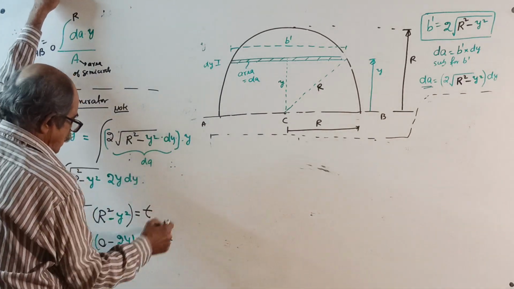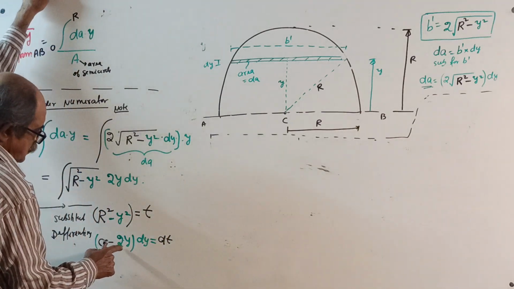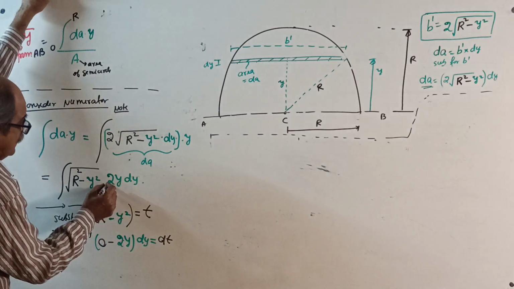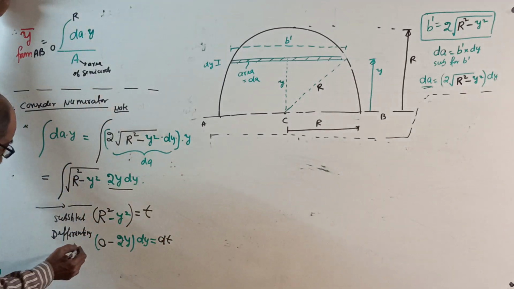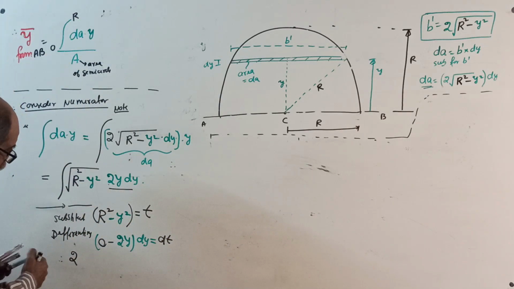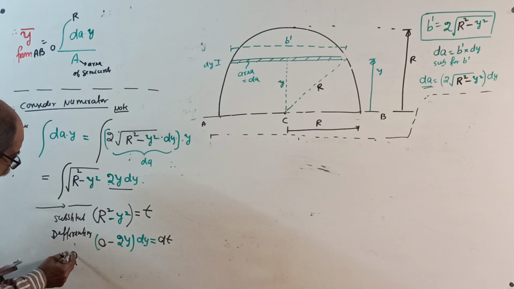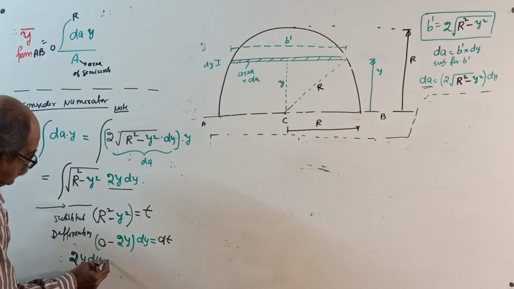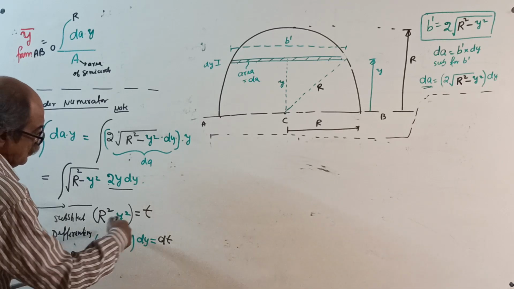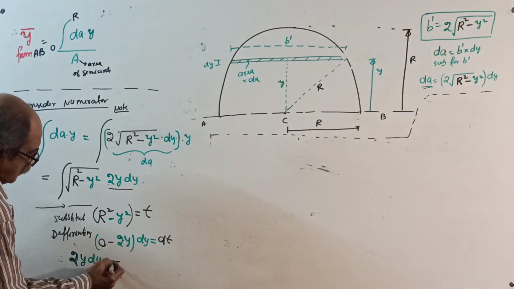Therefore, what will happen now? See, in the integration there is 2y dy. Therefore 2y into dy, with the minus going to that side, will become equal to minus dt.